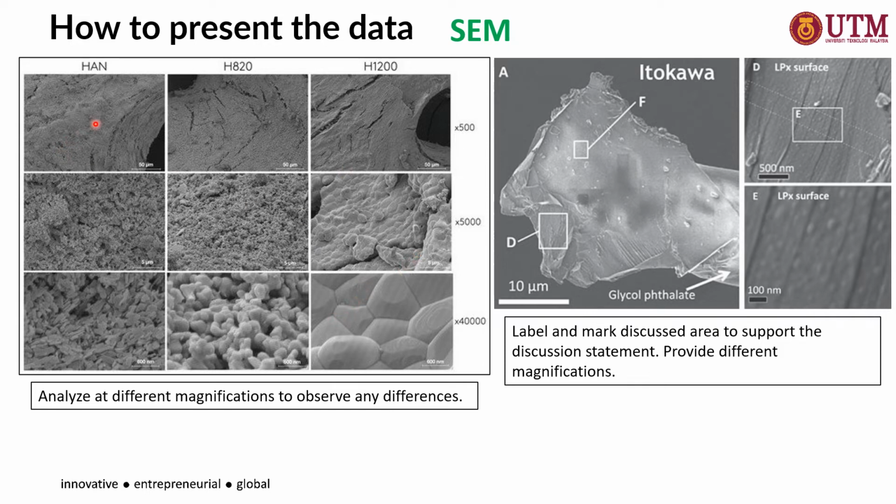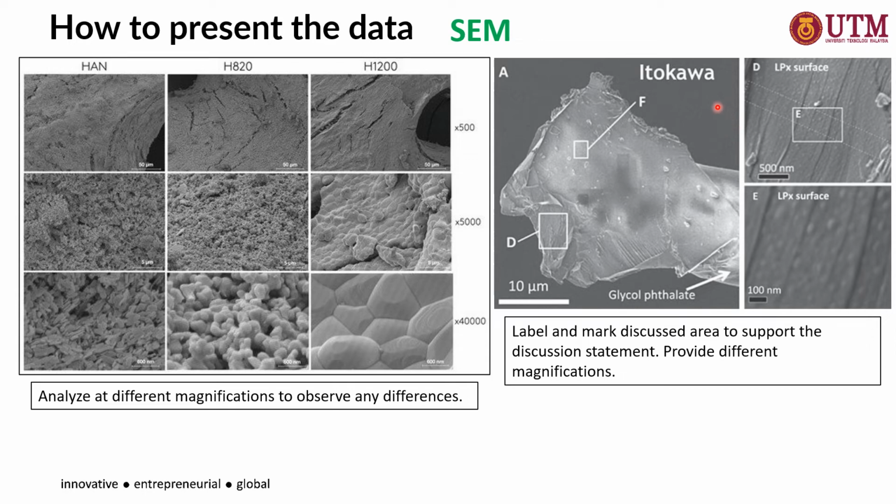From here we can properly compare: at a magnification of 500, there are almost no significant changes that we can observe, but at a magnification of 40,000, we can clearly identify the difference between samples 1, 2, and 3. This is how we can use different magnifications to observe differences for multiple samples.